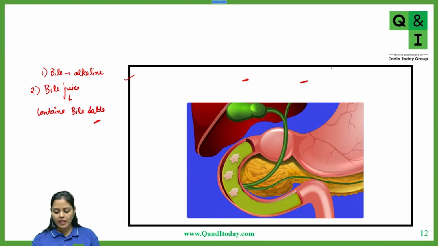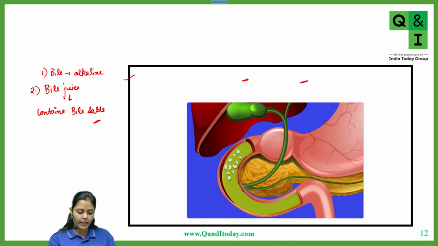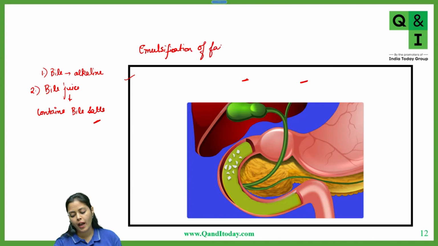See from here what is happening. These are large fat globules, and by the action of bile juice, particularly bile salts, they are getting broken down into smaller pieces. This is called emulsification of fats.